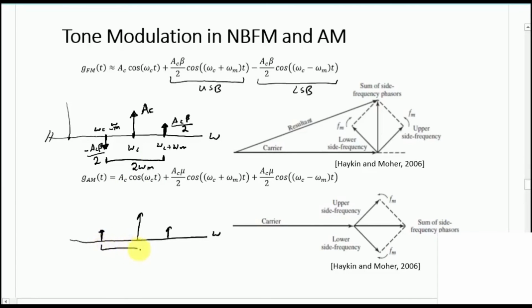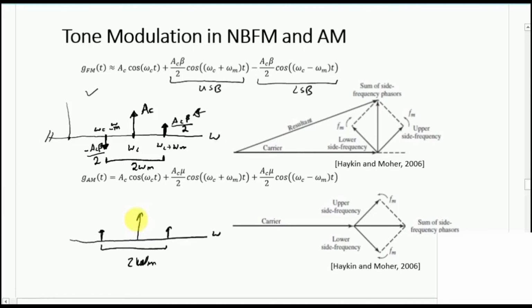This is also 2 omega m. So there is no change. But remember, this is coming from the assumption on the beta value. If we relax the assumption on beta, the bandwidth of FM would in fact be greater than that of AM.